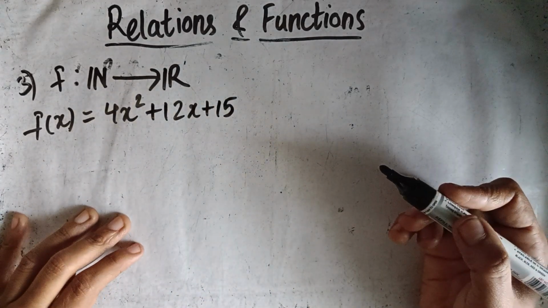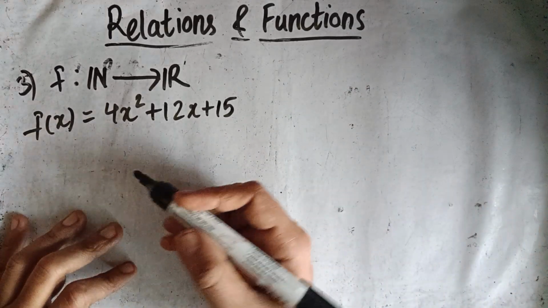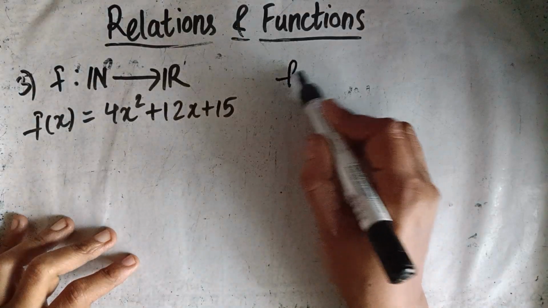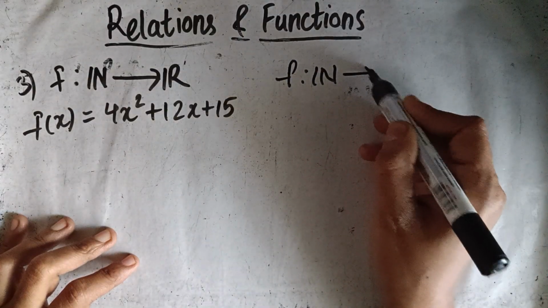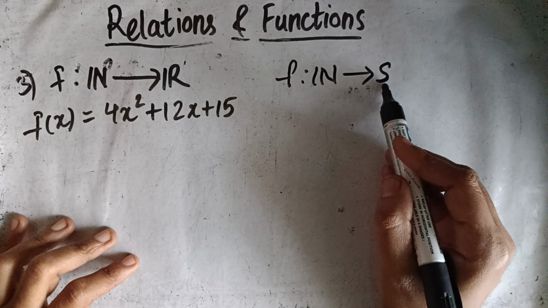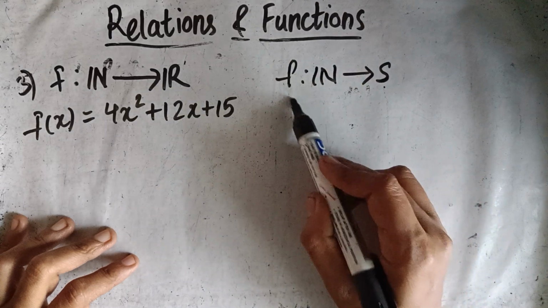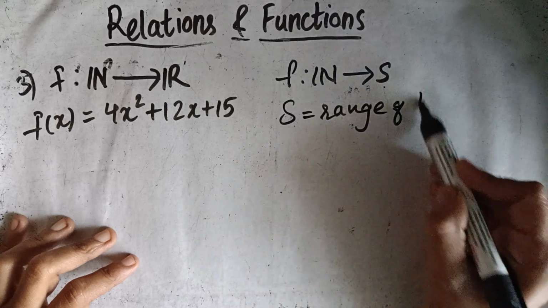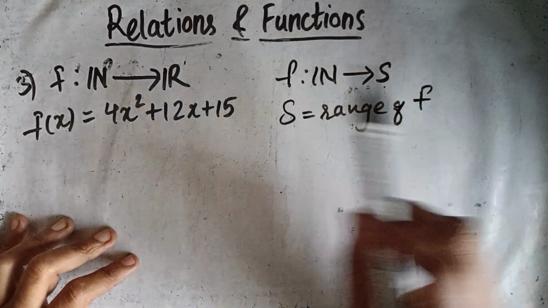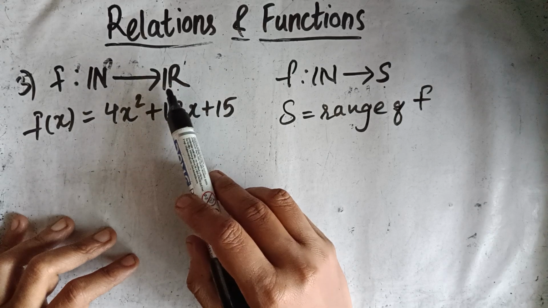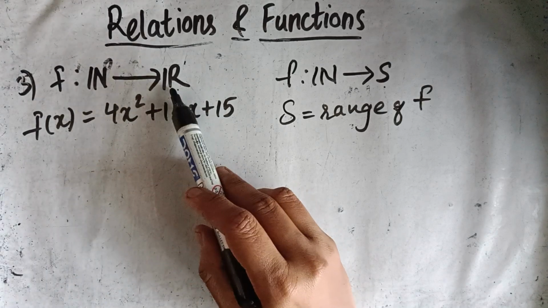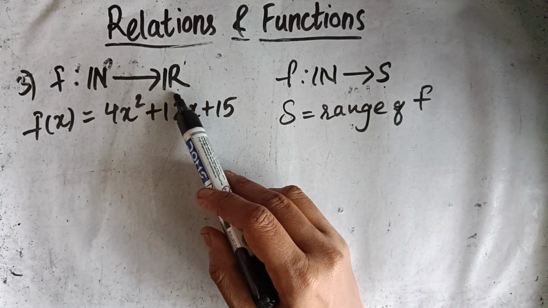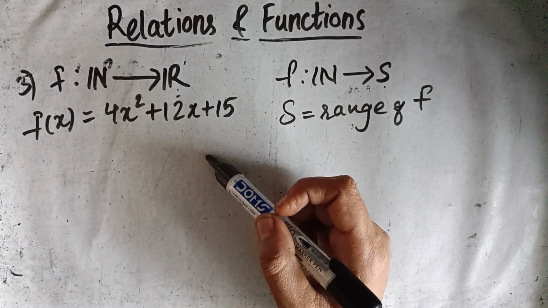Show that f from N to S is invertible, where S is the range of f. Range of f means all the mapped elements of f. Find the inverse of f.